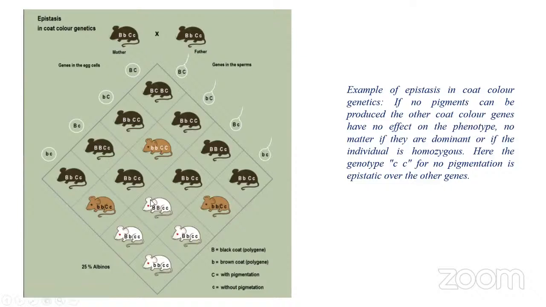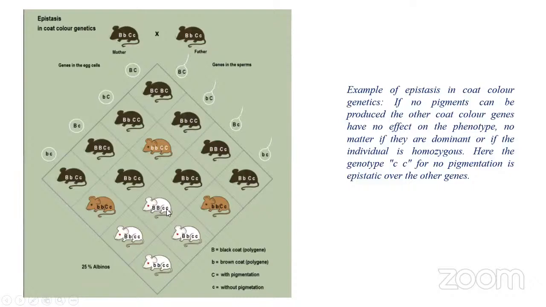You can see the example. In the case of brown coat, one capital C is present, or both capital C are present. But when both c are small, the mice are albino.